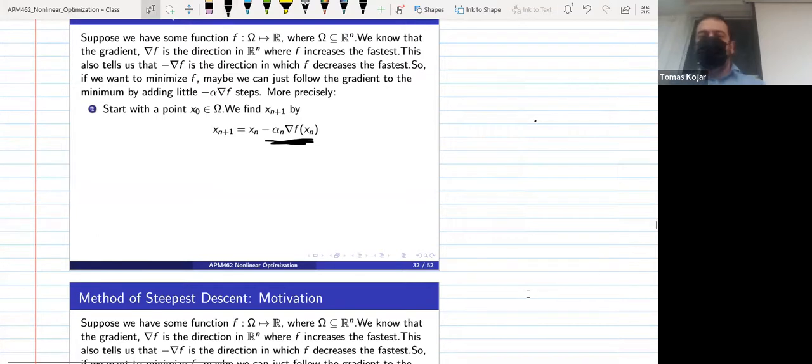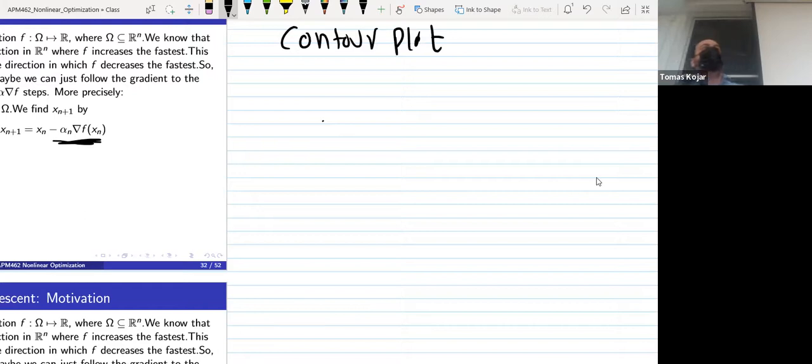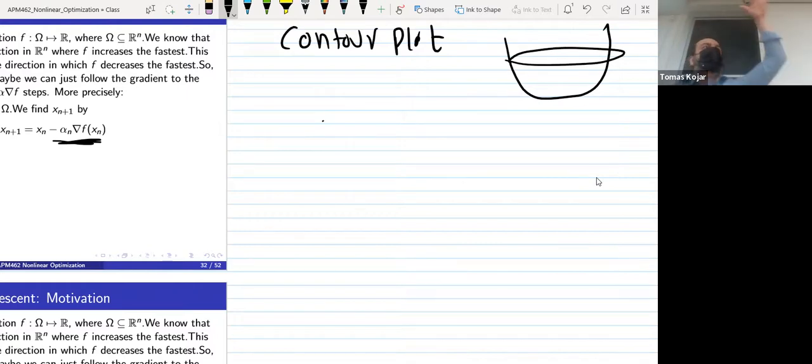Let me teach you something before we go on. This is called a contour plot, because we will need to use this. You have a 3D surface, and then we push it down.